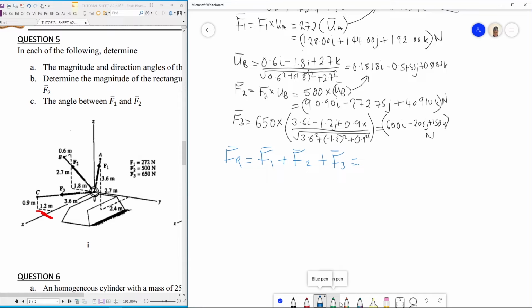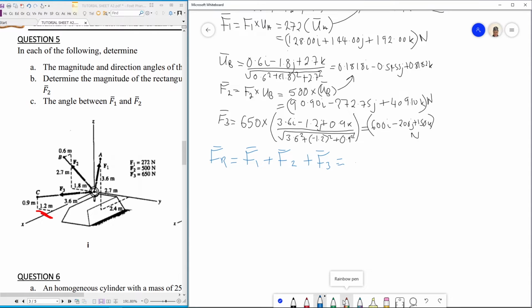Okay, let's continue. So then with this, I'll add the I's, so the 128 and the 90.9 and the 600 there.